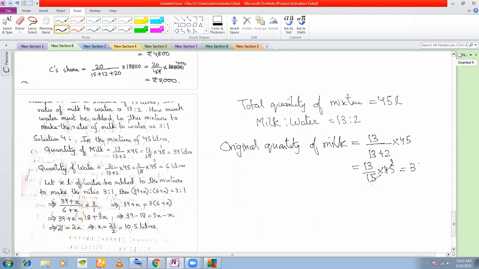You're getting 39 liters. So in 45 liters, you had 39 liters of milk initially. Original quantity of water: 2 parts was water.